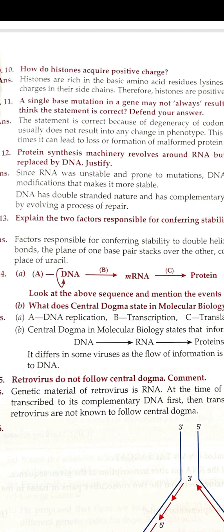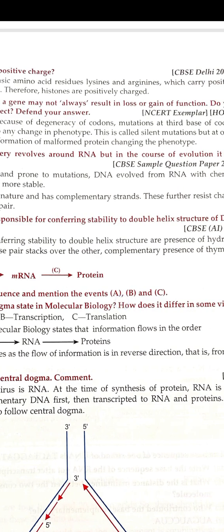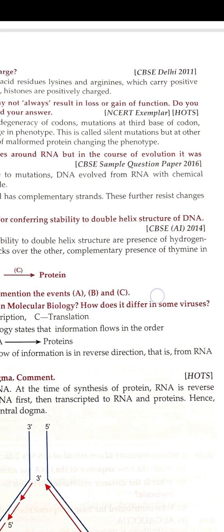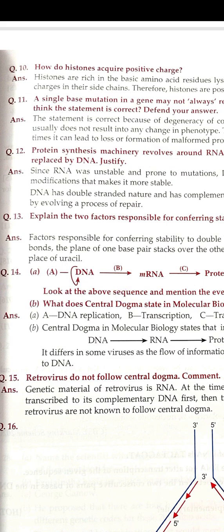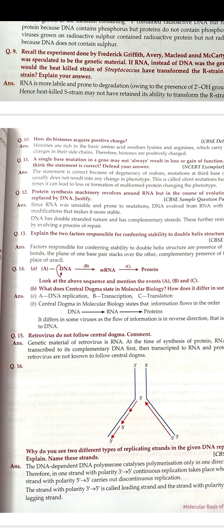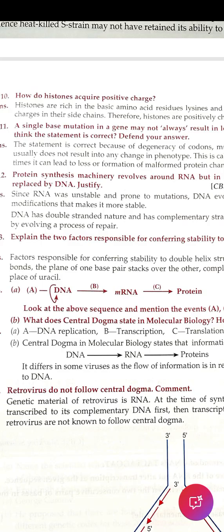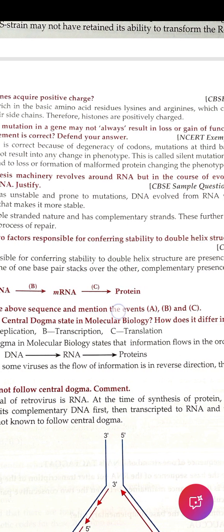Now next question number 11. A single base mutation in a gene may not always result in loss or gain of function. Do you think the statement is correct? Defend your answer. So the answer is, the statement is correct because of degeneracy of codons.